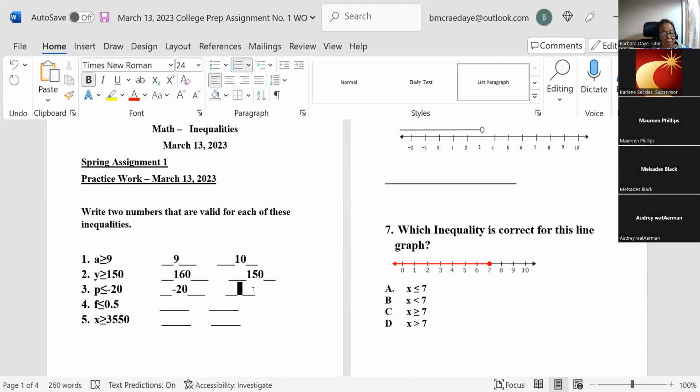Think of your number line. When you draw the number line, as you go from right to left, you're decreasing. So less than or equal to a negative 20 would be what? Could be a negative 21.